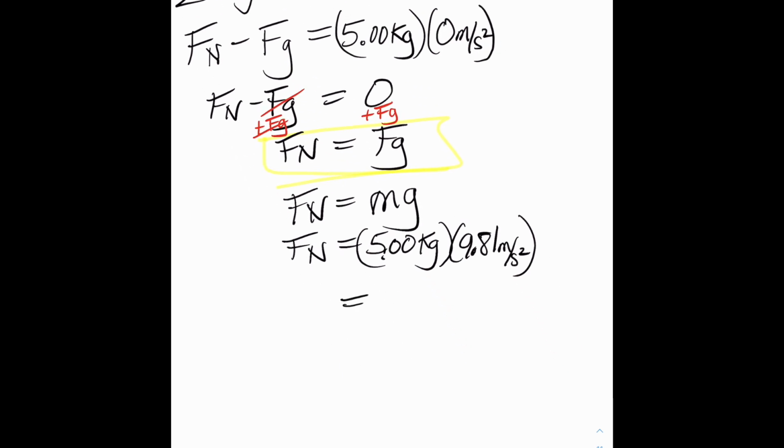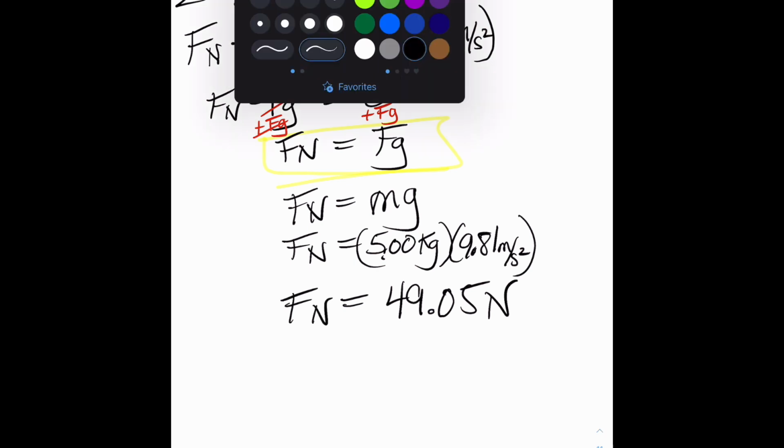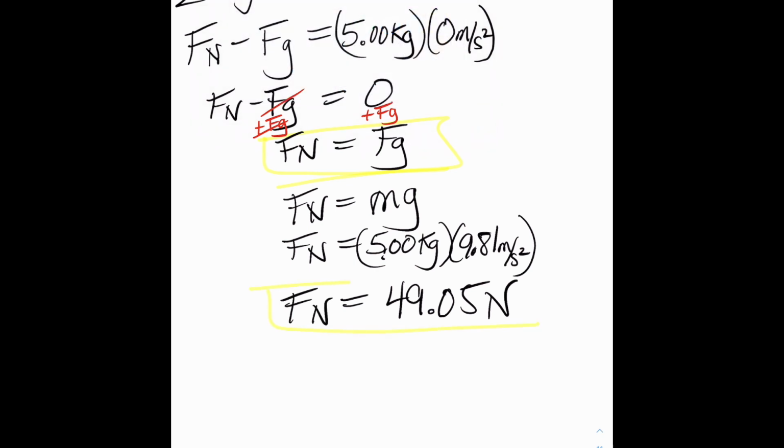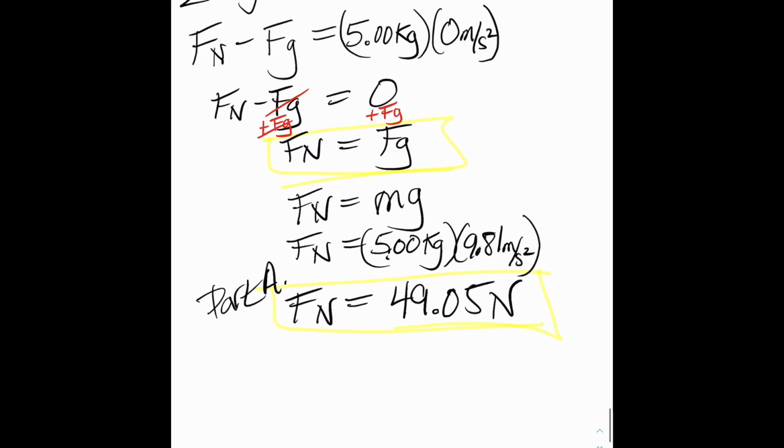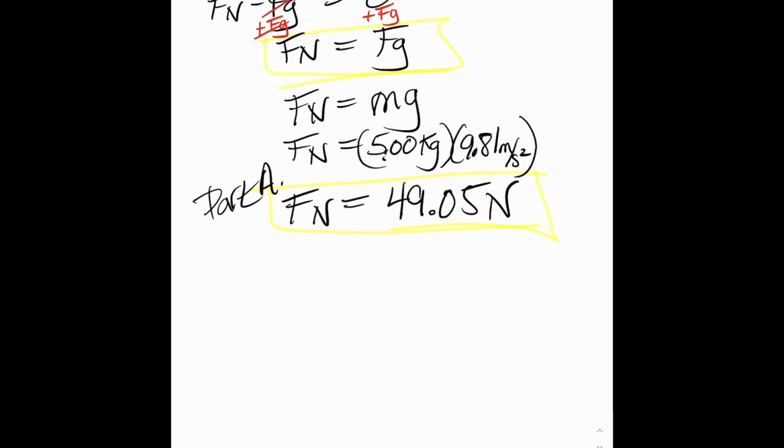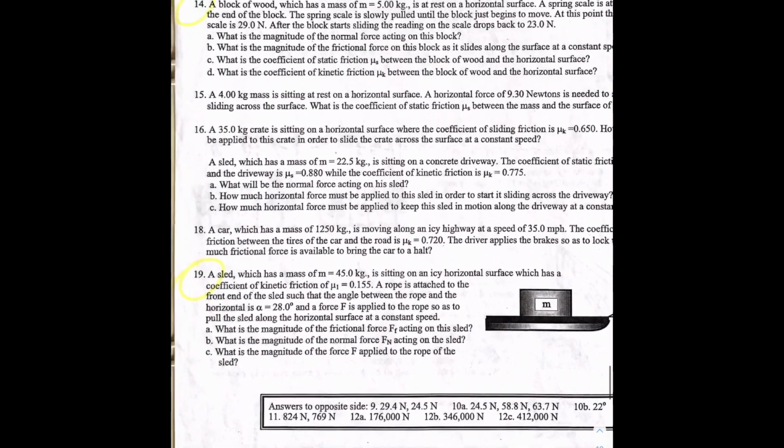And I think that's going to equal 49.05 newtons. So there's our normal force there. And that is our answer to part A. Good. Let's see what part B asks about.